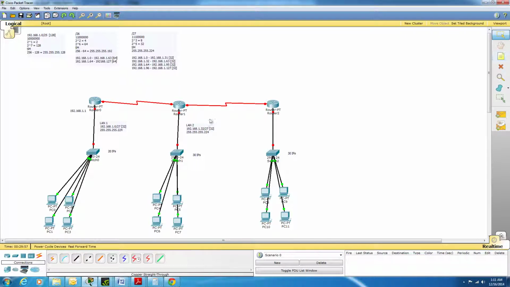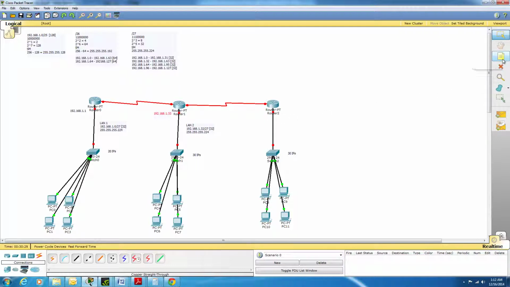Since we're in this network, we might as well assign the default gateway, and that would be 192.168.1.33, because 33 is the next IP address in this range of 32. Alright, so that is the IP address for this particular side of the router.